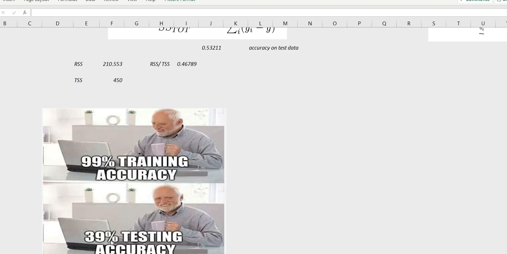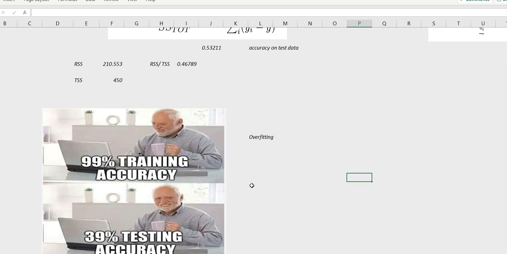In real life, can you use this model? No. This problem is known as overfitting. It gives a good result with the training data, but not with the testing data.